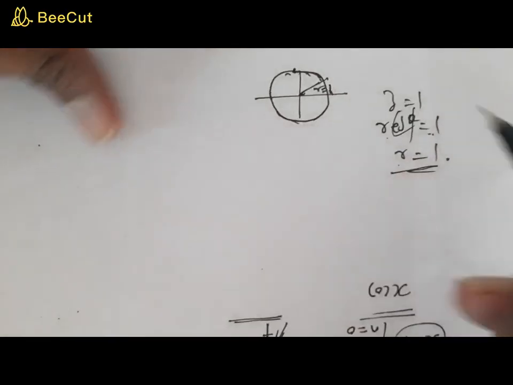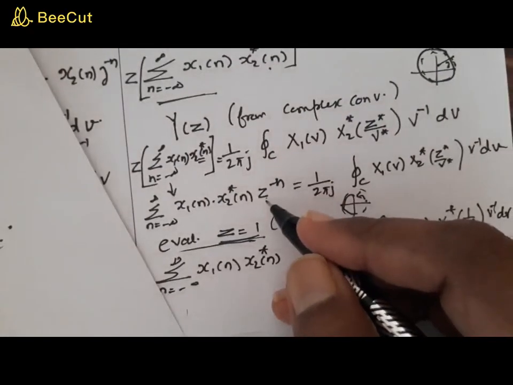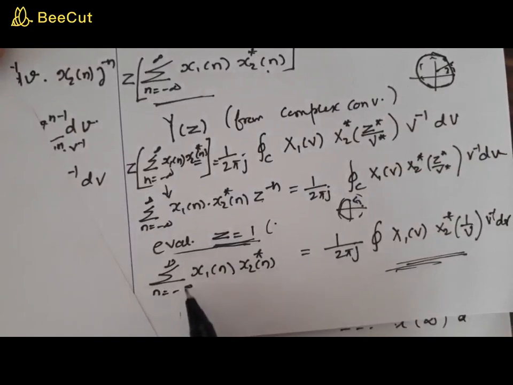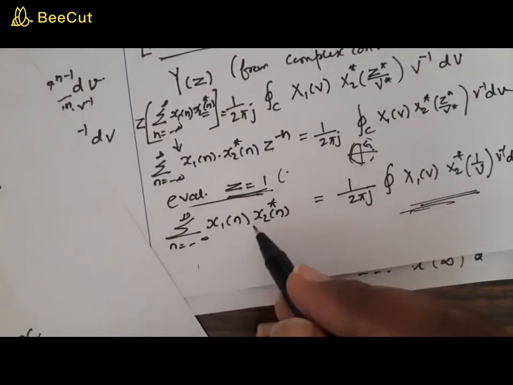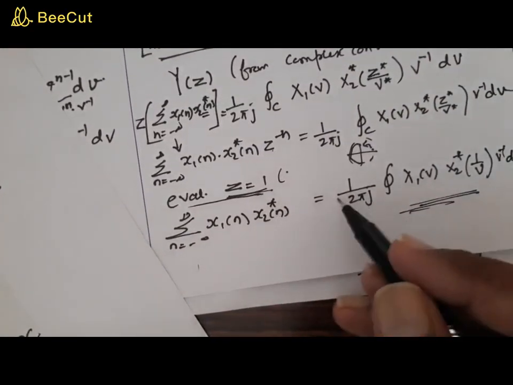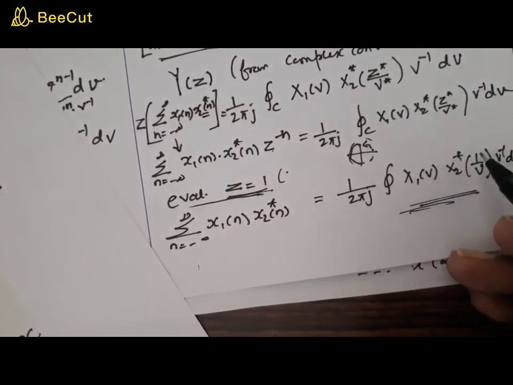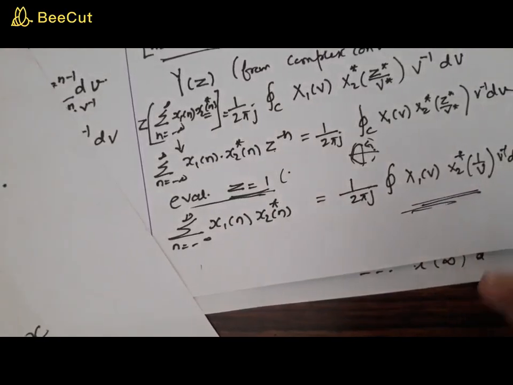So if you are evaluating this integral over this closed contour, that is at z is equal to 1, you can substitute z is equal to 1 here. Here also you can substitute. So resulting in sigma n is equal to minus infinity to plus infinity x1 of n into x2 star of n is equal to 1 by 2 pi j closed integral X1 of v into X2 star of 1 by v star into v inverse dv. This is actually your Parseval's relation.